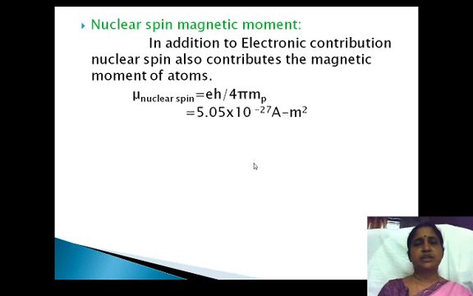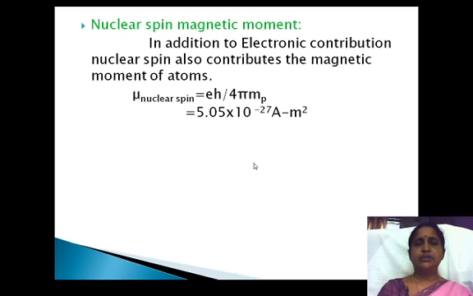That value is 5.05 into 10 power minus 27 ampere meter square. So finally, magnetic moments arise mainly from three causes: orbital magnetic moment, spin magnetic moment, and nuclear spin magnetic moment. These are the three causes that produce magnetic moments in every body.